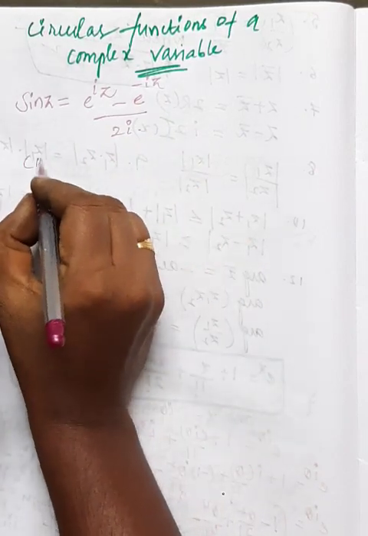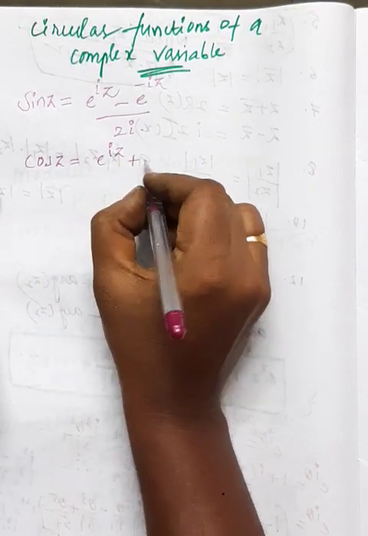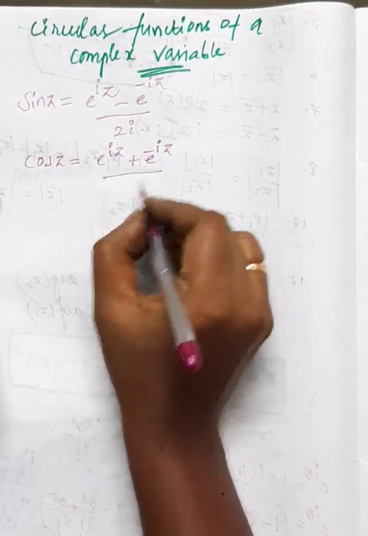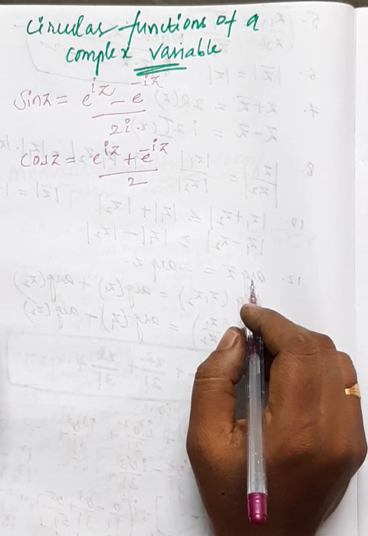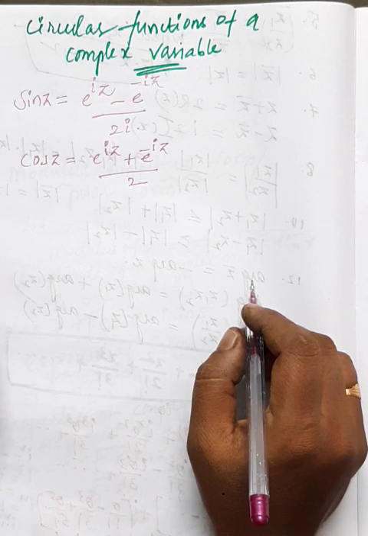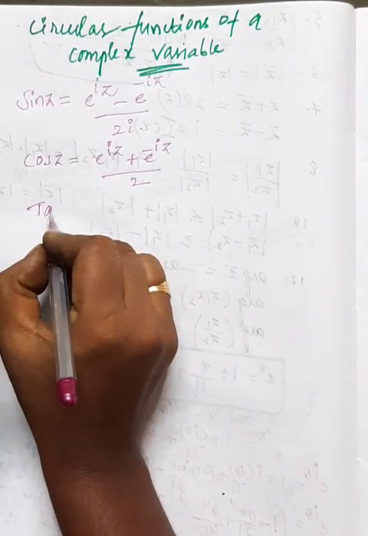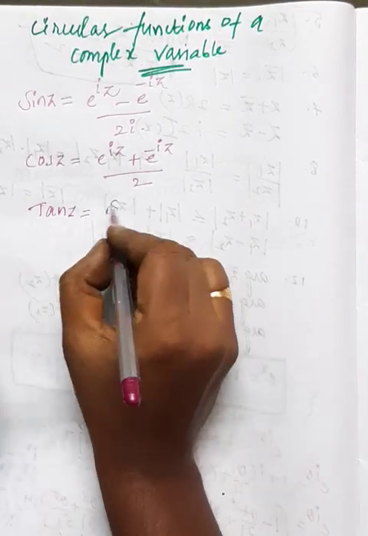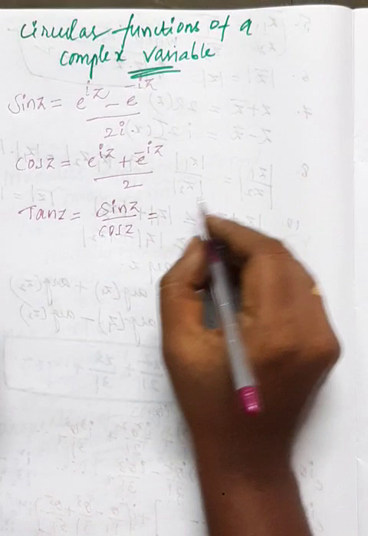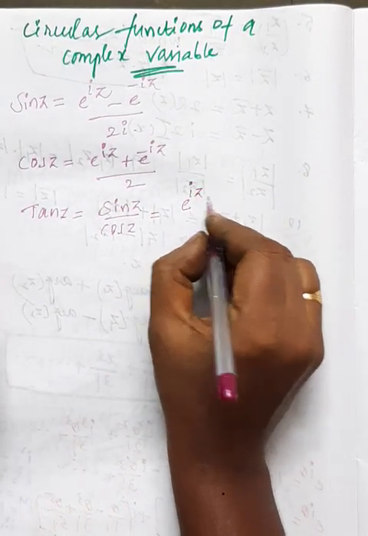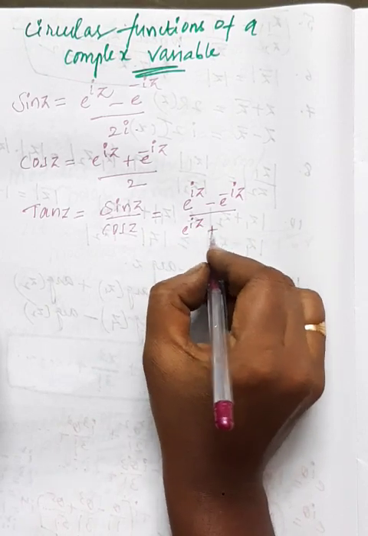Similarly cos z is equal to e power iz plus e power minus iz by 2, because cos hx expansion is e power x plus e power minus x by 2. Next tan z is equal to sin z by cos z, which is equal to e power iz minus e power minus iz by e power iz plus e power minus iz.